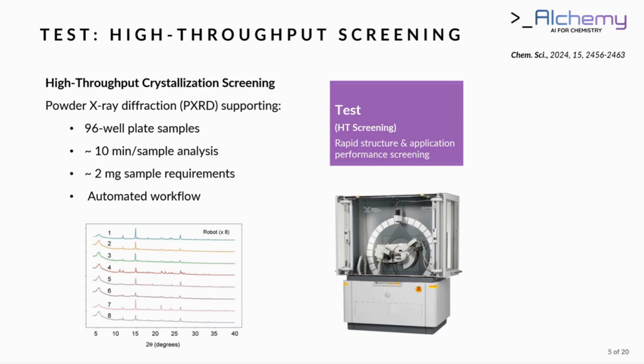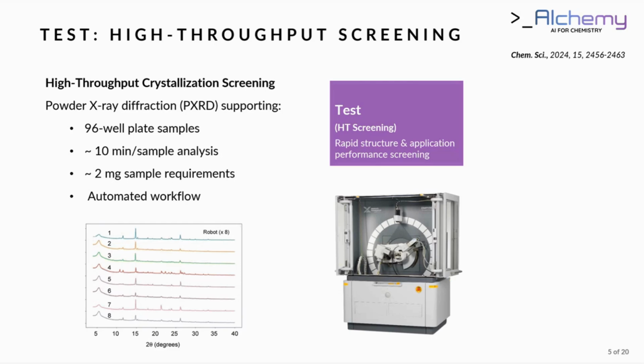For example, with PXRD, powder X-ray diffraction, we can do crystallization screening. With an automated workflow, we can analyze a 96 well plate, and each sample takes only about 10 minutes and requires just 2 milligrams of material. So this allows us to rapidly confirm whether a material has formed the expected designed crystalline structure.